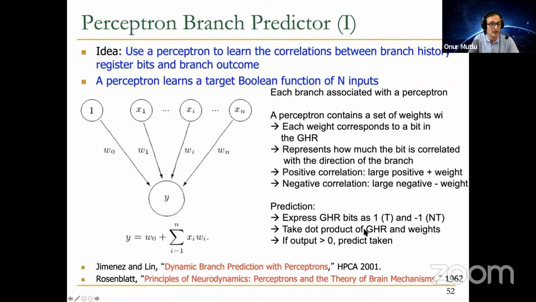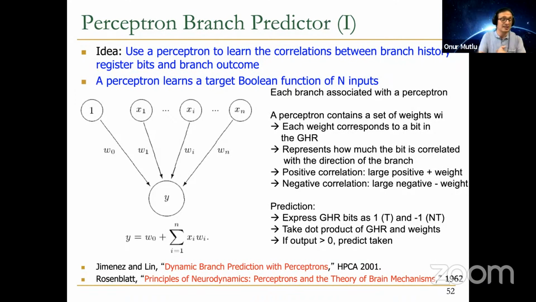And you take the dot product of the global history register and the weights. That's what this is over here. And then you may add a bias also, optionally, if the branch is biased, for example. Now, if the output is greater than 0, you predict it as taken. If the output is less than or equal to 0, you predict it not taken. So basically, you exploit the capability of the perceptron to learn these correlations. So it's a beautiful idea.